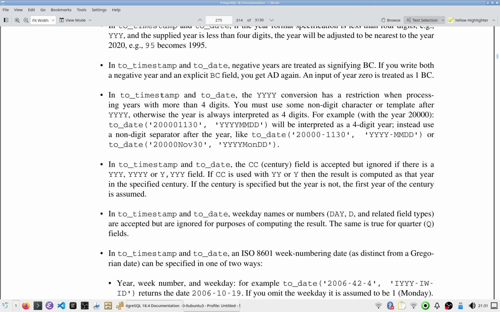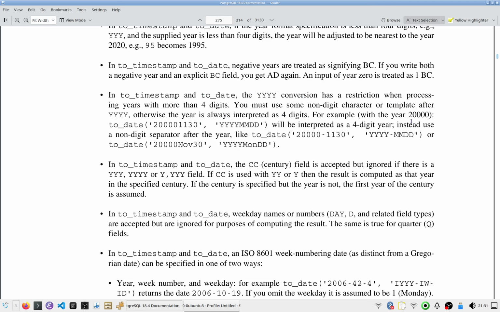In to_timestamp and to_date, the YYYY conversion has a restriction when processing years with more than 4 digits. You must use some non-digit character or template after YYYY. Otherwise, the year is always interpreted as 4 digits.